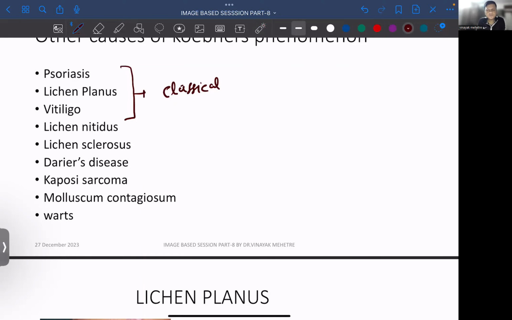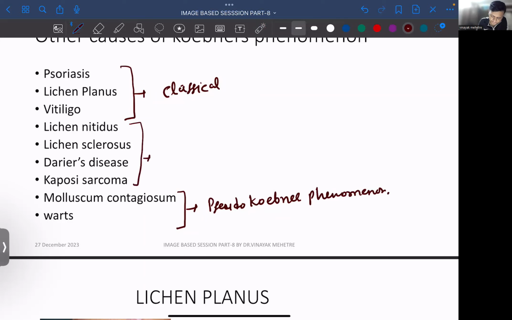Pseudo-Koebner phenomenon is seen in molluscum contagiosum and warts. Okay, this is all we will see for Koebner phenomenon, but rarely.